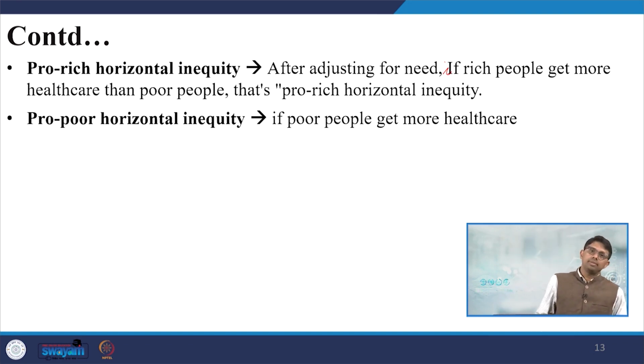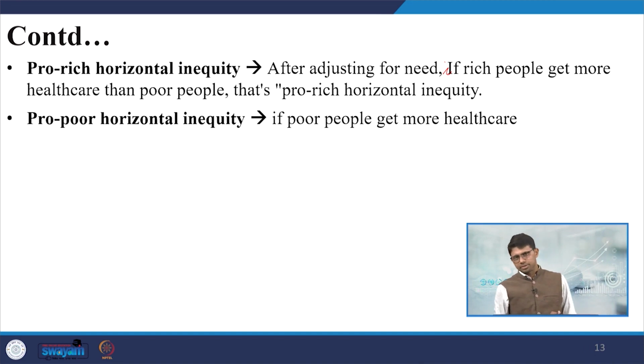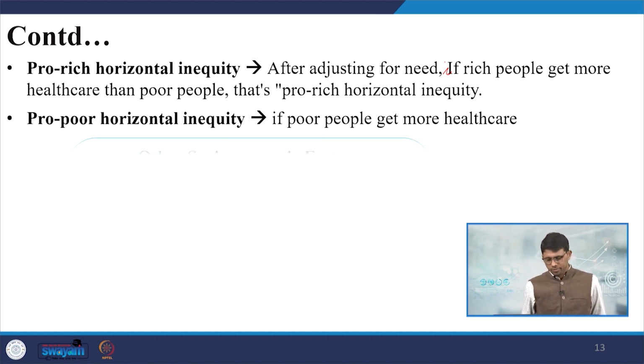Adjustments are made based on the factors which we just mentioned, but if it is still making the rich more advantaged, or the rich people are receiving more benefits than the poor, that is called pro-rich horizontal inequity. If the inequity is skewed towards the rich, that is pro-rich, and the reverse is called pro-poor.